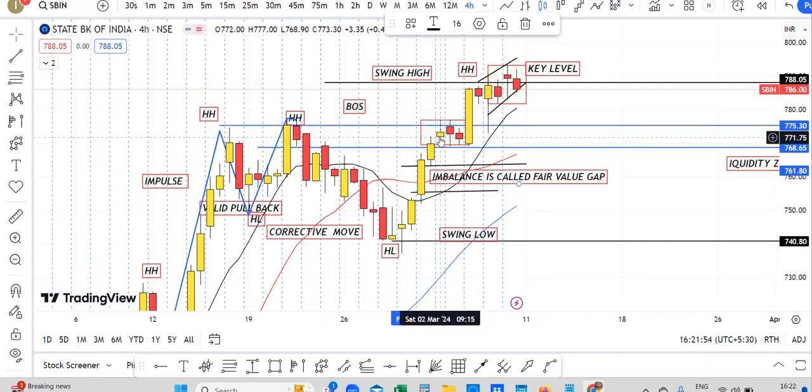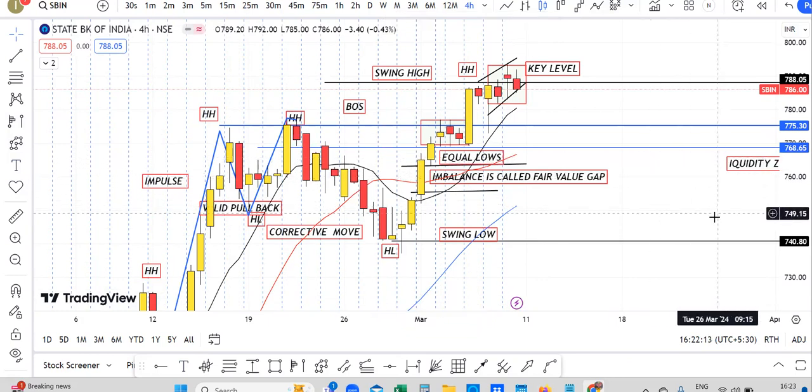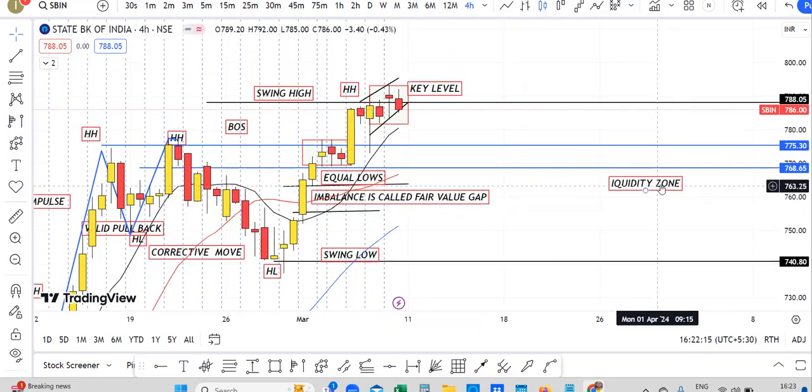It is showing 768.90 and almost 769. So these are equal lows. Equal lows and equal highs are the liquidity areas, liquidity zones.